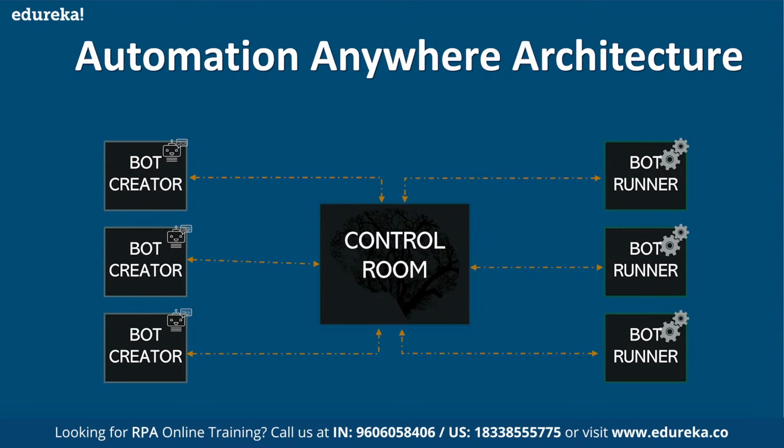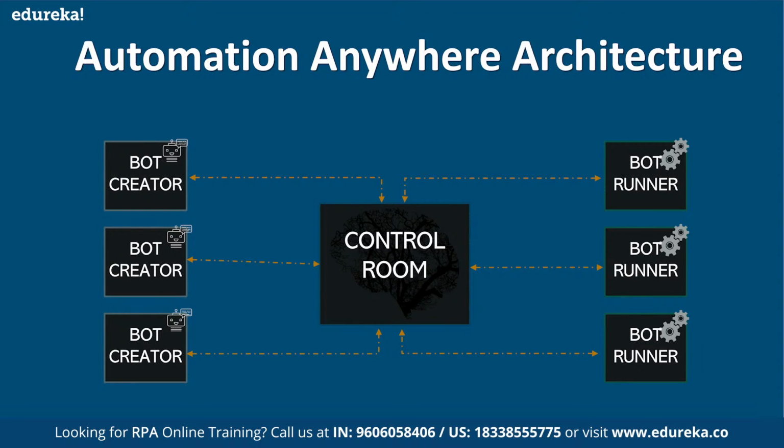Now, what is Automation Anywhere architecture? So largely, this is how the Automation Anywhere architecture looks. At the center, there is something called a Control Room. Yeah, so Control Room is responsible for managing the overall RPA landscape or overall RPA infrastructure that you have related to Automation Anywhere, right? So there are two types of components.